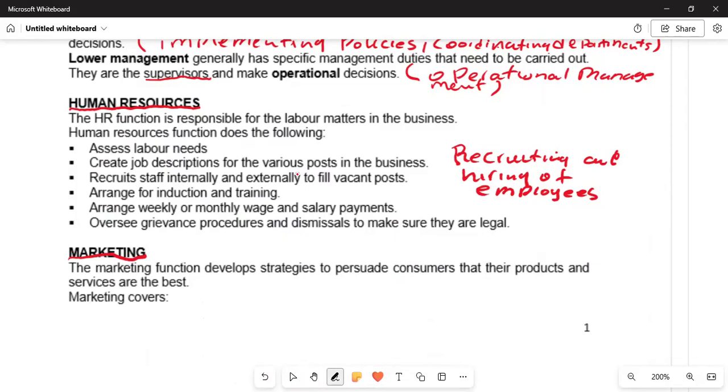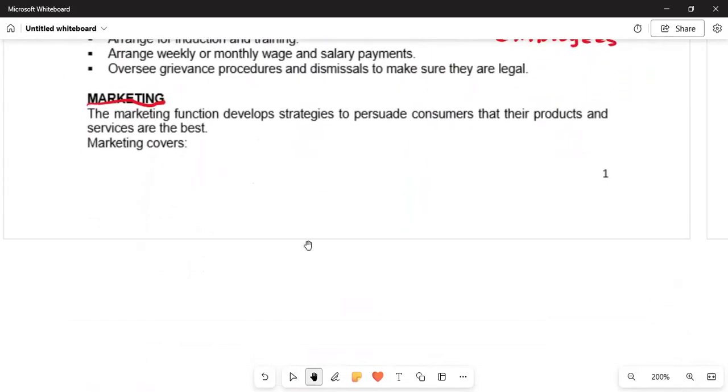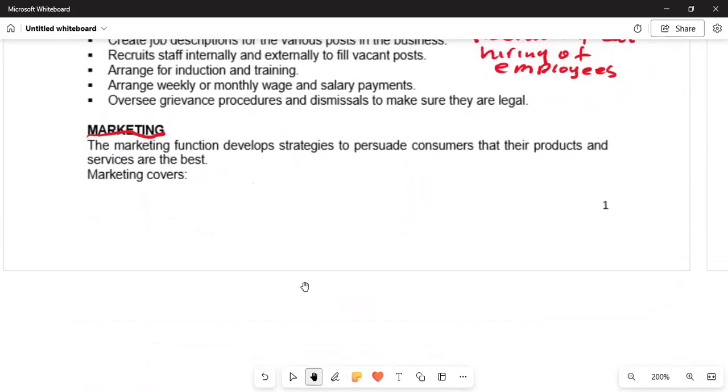So they also make sure that if there are grievances, they are the ones to hold the grievances. Firing of employees, they are the ones to make sure that they do it, but they have to make sure that it is legal. So now I'm moving on to another function, which is marketing function.